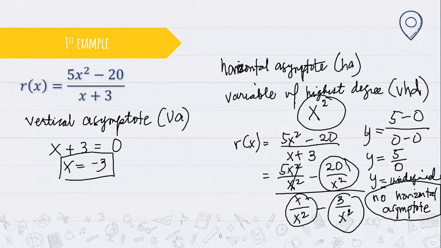Ayan. Sige, class. May question tayo sa asymptotes? Or any clarification? Sir, pwede po ba yan kahit gaano kalaki yung highest, pwede po x to the power of 15, ganoon po di ba?